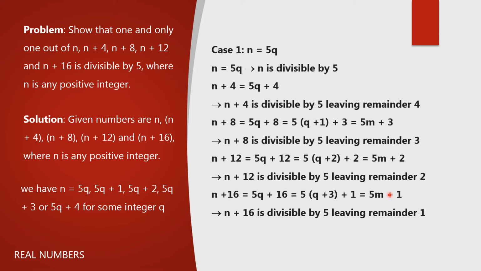Therefore, in case 1, I have taken n is equal to 5q. With respect to n is equal to 5q, I calculated all the 5 values: n, n plus 4, n plus 8, n plus 12, and n plus 16.